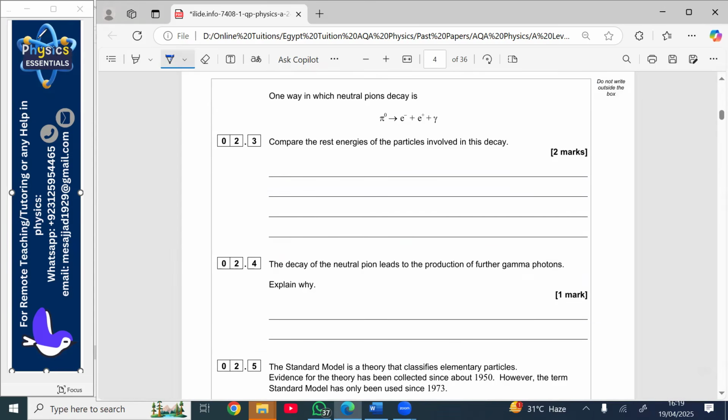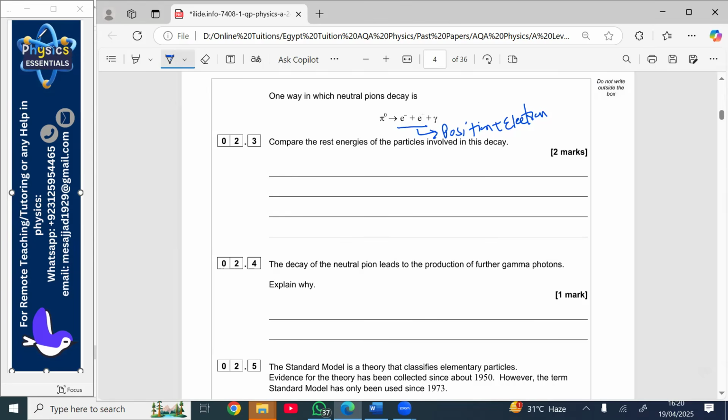2.3. One way in which neutral pions decay is this. Compare the rest energies of the particles involved in this decay. So you can see on the right hand side, you are getting a positron and electron, right? And for positron and electron, we know that it happens in pair production.